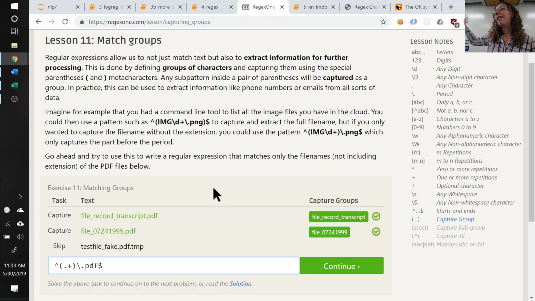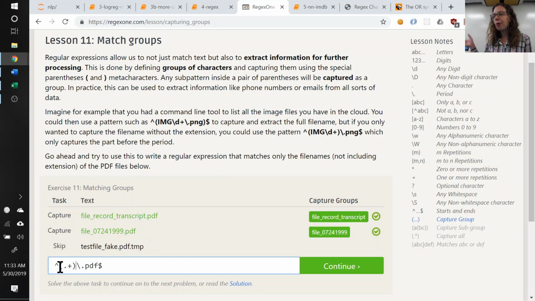I just wanted to highlight, make sure that you particularly saw capture groups are really useful. This is when you don't want to just match something, but you want to be able to extract part of what you found. And I love that this is a very real-world example: given a list of file names, you're wanting to pick out the PDFs and what comes directly before .pdf.